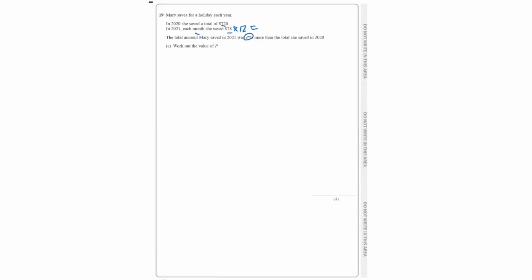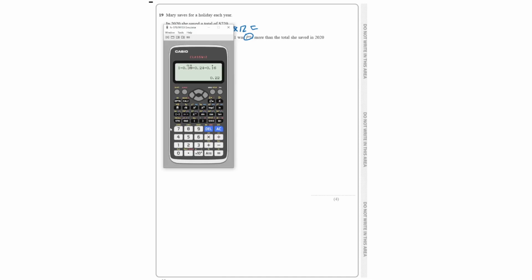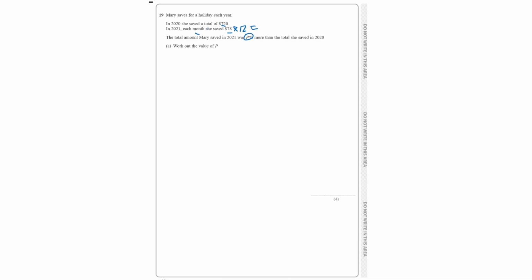We can use a calculator here. For 78 times 12, we get 936. Now that we have both totals, we can simply use the equation new minus old divided by old times 100.